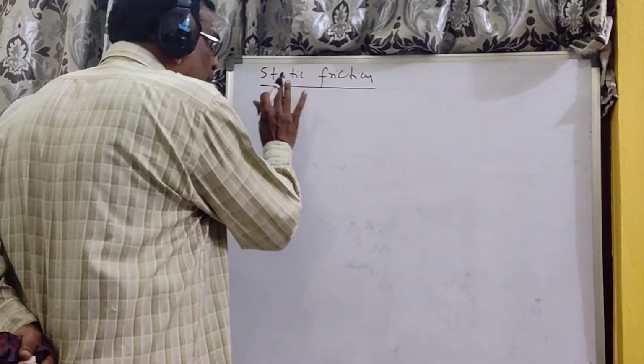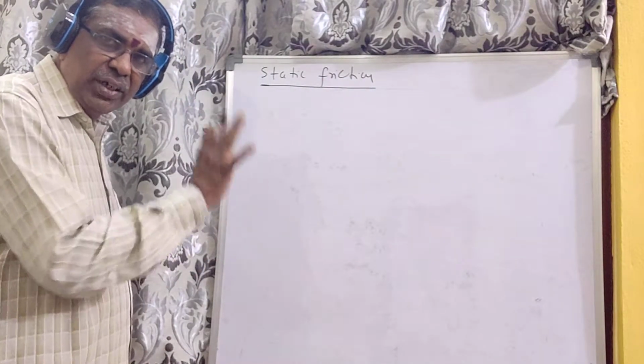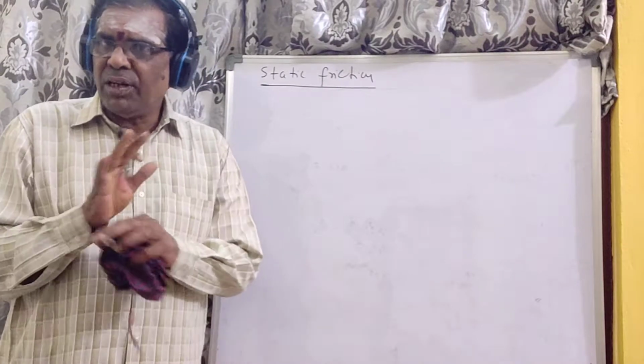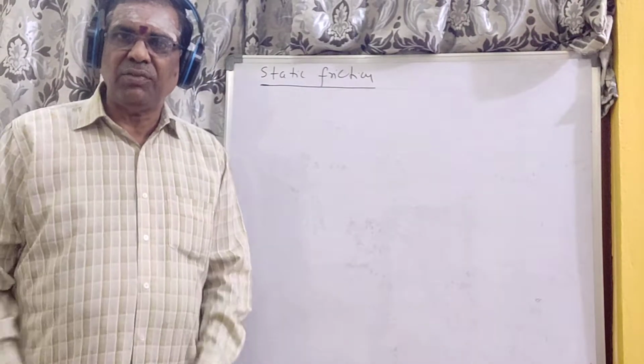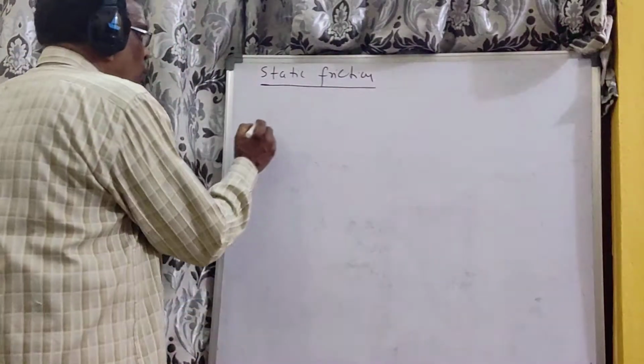Now, in each of the cases, we will write only what is the frictional force available. In the exam, they will never ask you what is static frictional force. They always ask you what is frictional force. So you have to give that.